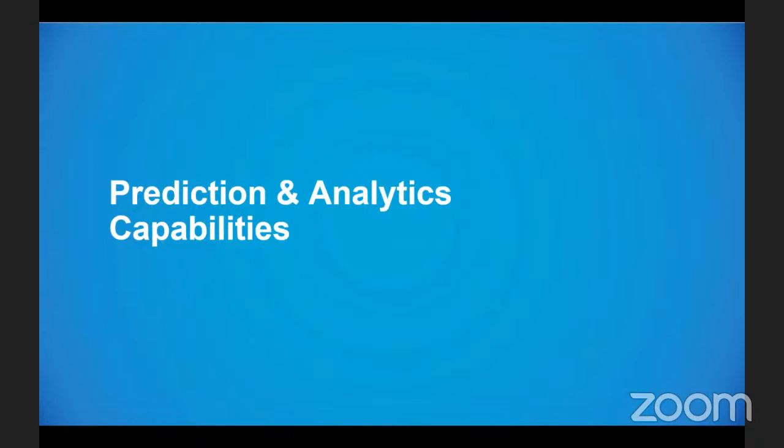So now let's go to the prediction analytics and capabilities. At its core, BIM 360 is built to help construction teams better visualize and take daily actions to minimize project risk, whether it is a risk associated with safety, quality, or project controls. So BIM 360 allows those teams to streamline workflows to improve project outcomes.